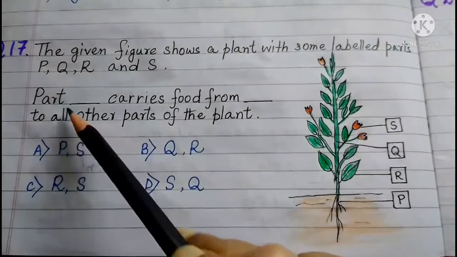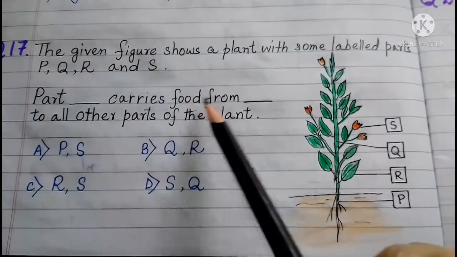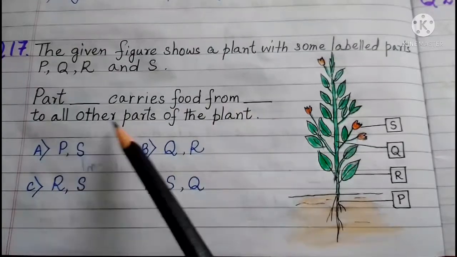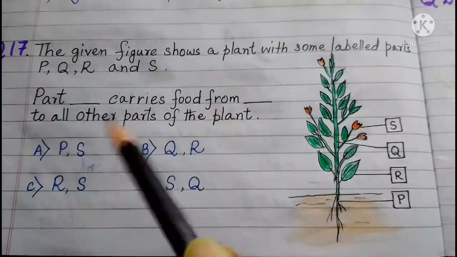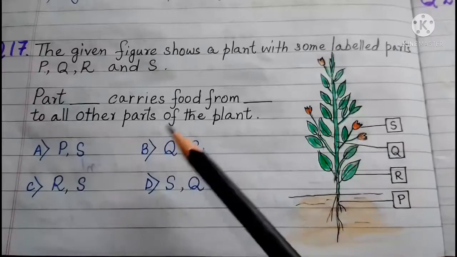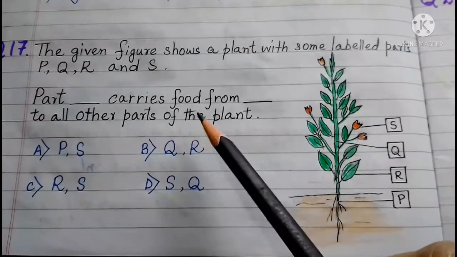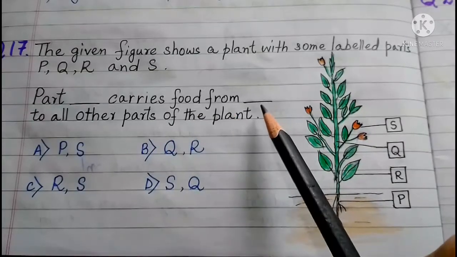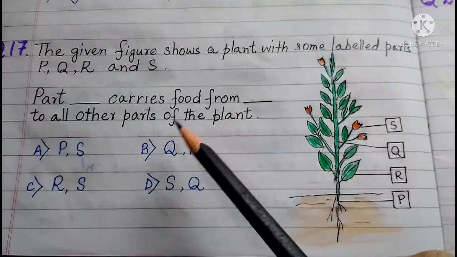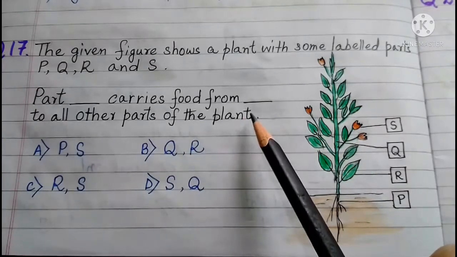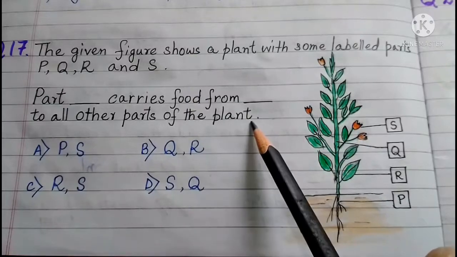Next, part dash carries food from dash to all other parts of the plant. Now they are asking for the part of the plant which carries food from another part of the plant to all other parts of the plant.